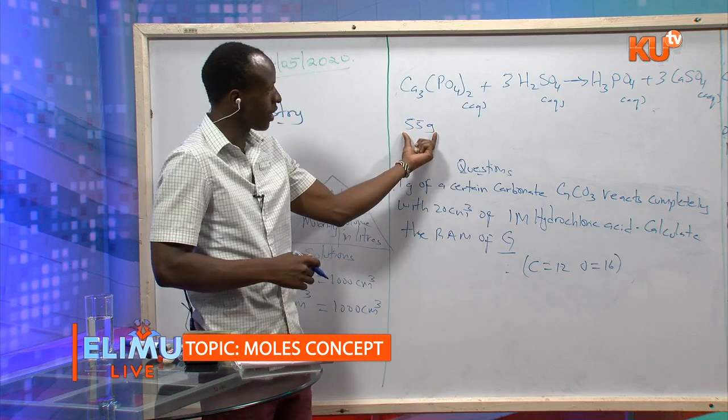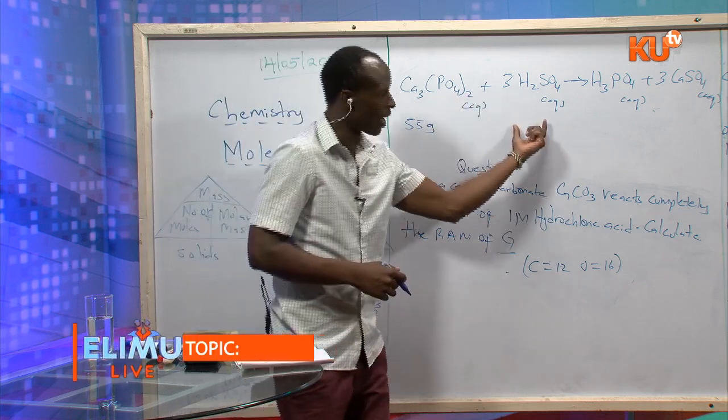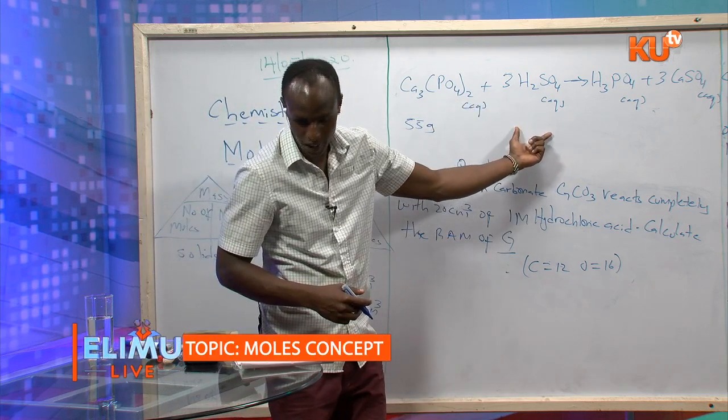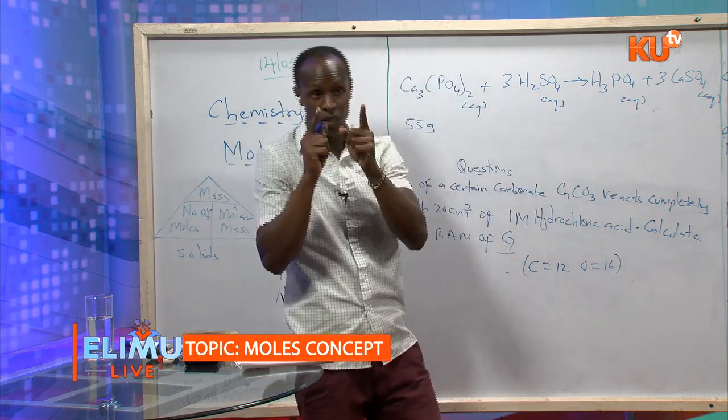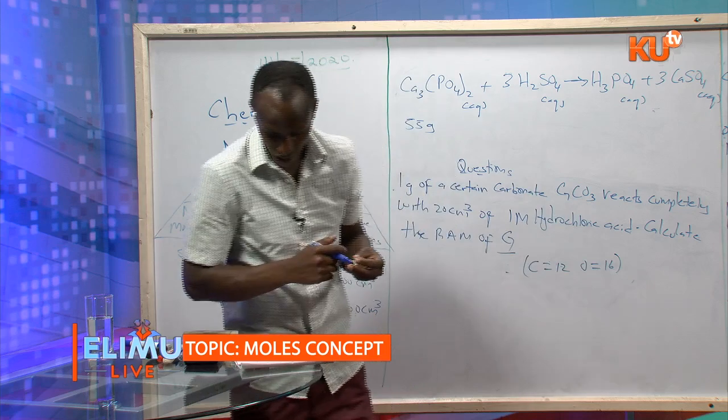So if I have 55 grams of calcium phosphate, I react it with sulfuric acid. What mass of phosphoric acid will I get? Ratio is very key, so use the ratio.